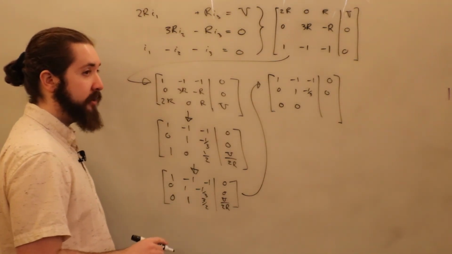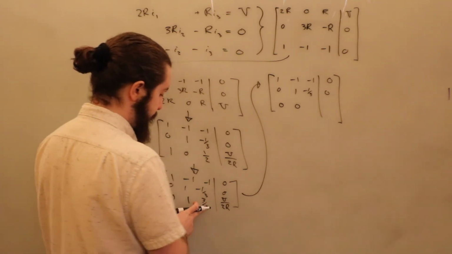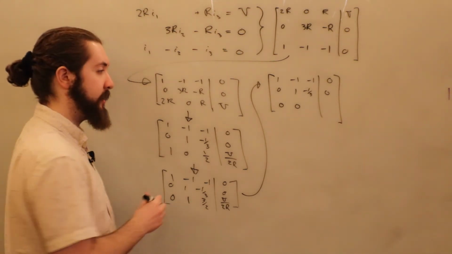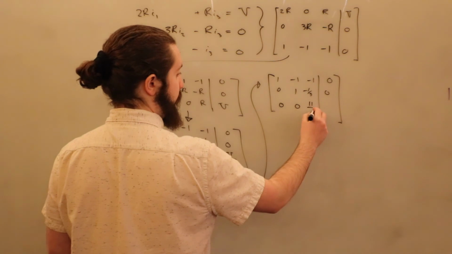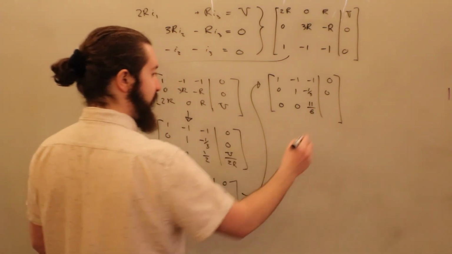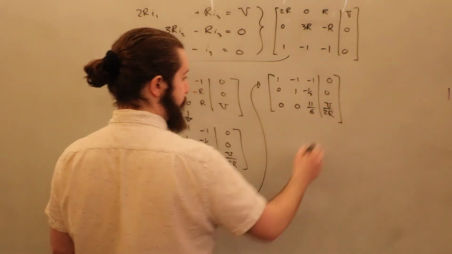So 1/3 plus 3/2 would be 2/6 plus 9/6, which would be 11/6. So 11/6, it's hard to say. And then V over 2R again.